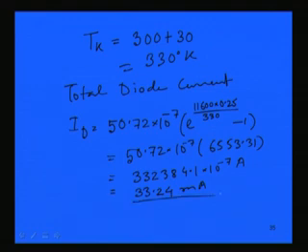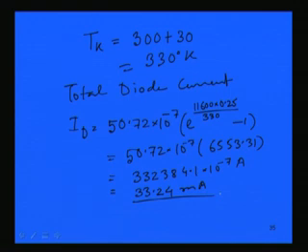So, now you can see the change in the diode current when you raise the temperature by 30 degrees centigrade. Initially, the diode current was 10 milliampere. Now it has become 33.24 milliampere because of the rise in temperature.